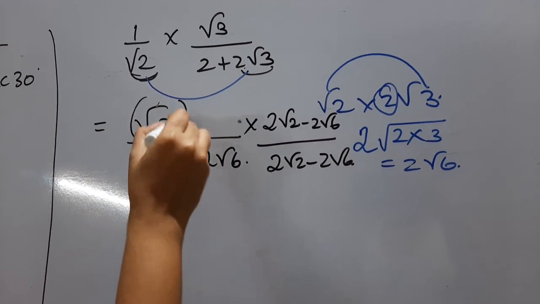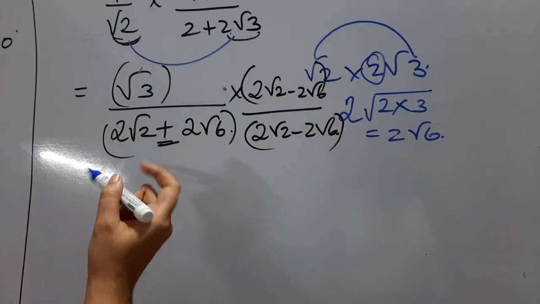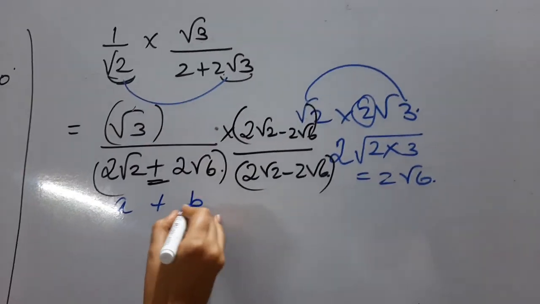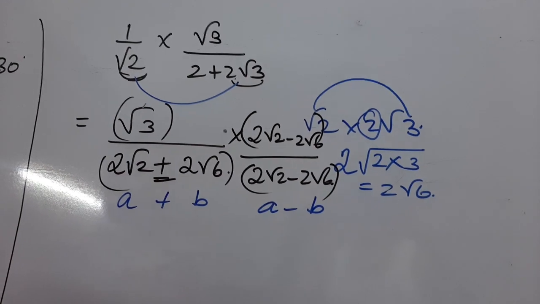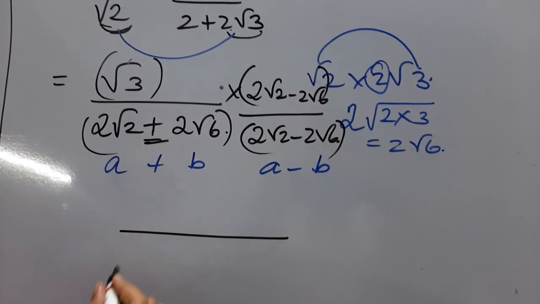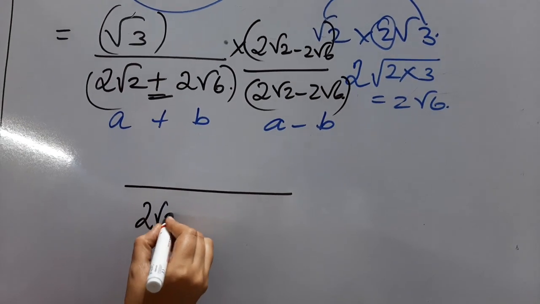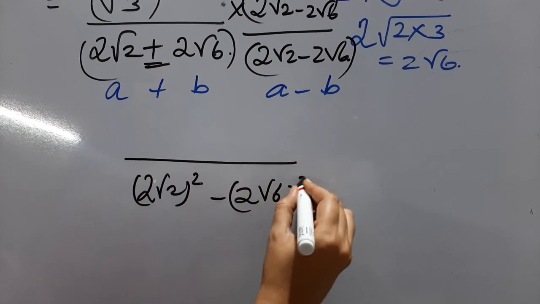Now multiply the numerators and the denominators. The denominator is in the form (a plus b) into (a minus b). So that can be written as a square minus b square. So (2 root 2) square minus (2 root 6) square.